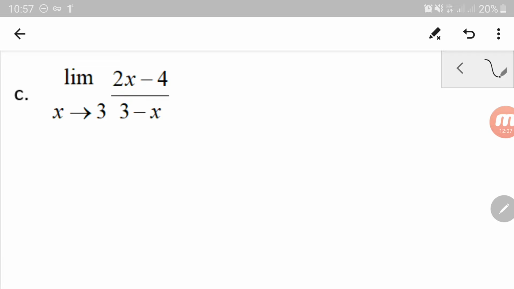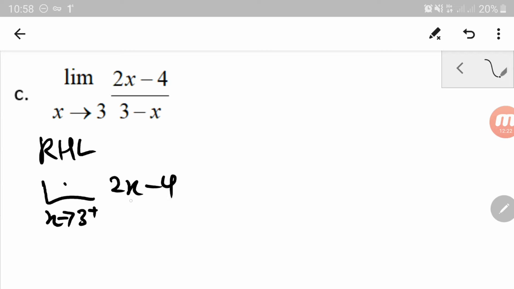Okay, now, this one for sure we cannot directly substitute, so find the right hand limit. Limit as x approaches 3 from the right of 2x minus 4 over 3 minus x. So what we have in the numerator is 2.